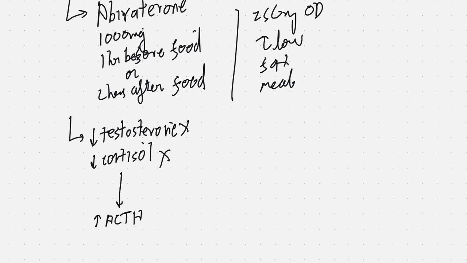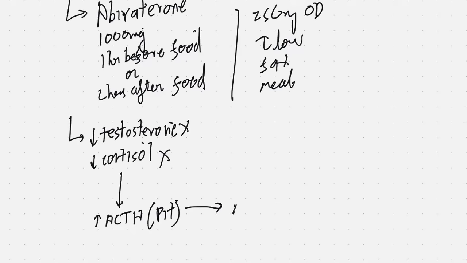Now, with this increased ACTH, testosterone and cortisol cannot be made because they've been blocked, right? The levels are decreased, but what isn't blocked is the formation of mineralocorticoids. So ACTH will increase as a feedback mechanism, and there'll be an increase in mineralocorticoids, right?